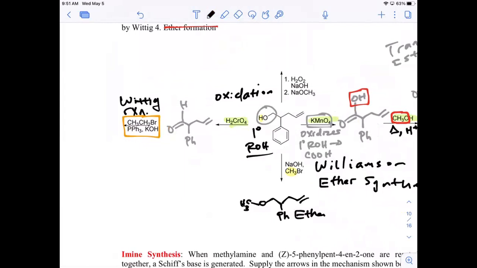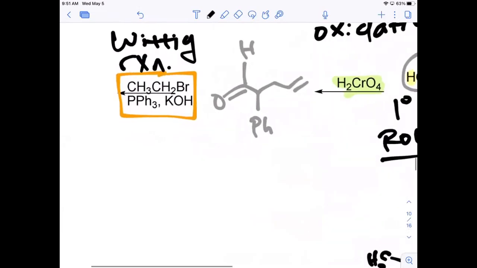What does the Wittig reaction do to carbonyls, specifically to aldehydes and ketones, even though it works on other types too? It's going to convert it to an alkene. Without going through the mechanism, look at the two carbons in the alkyl halide.